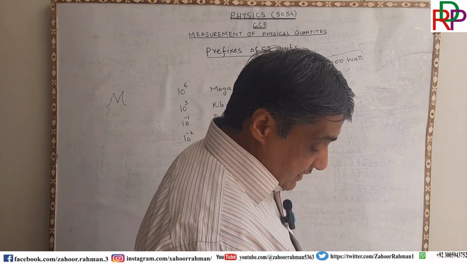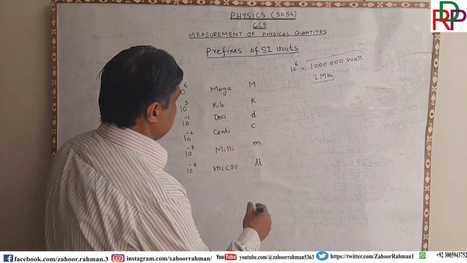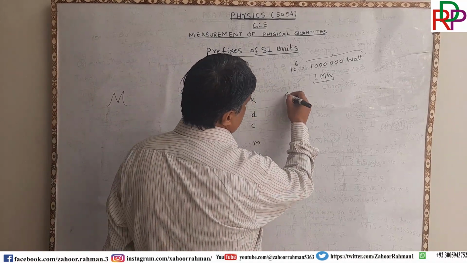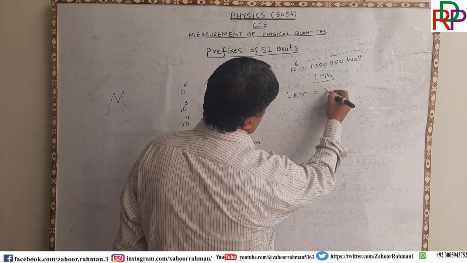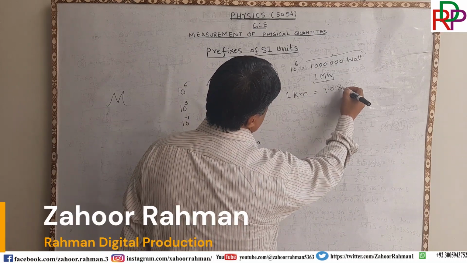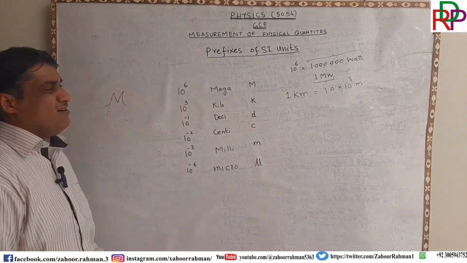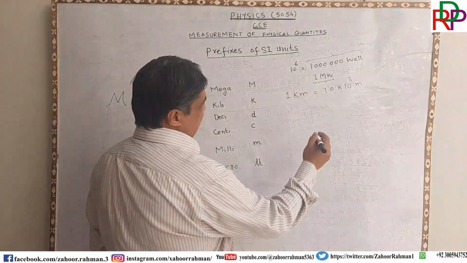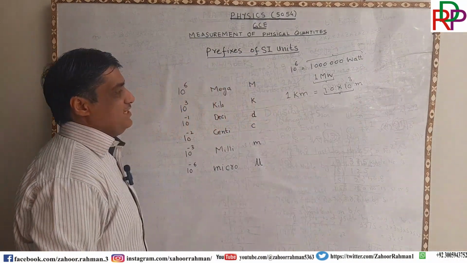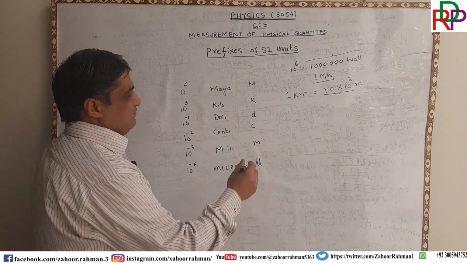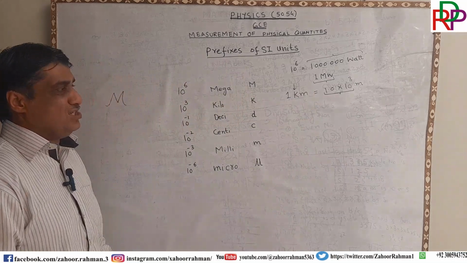In your book, an example is given: 1 kilometer is 1 into 10 raised to the power 3 meter. Ladies and gentlemen, we are just writing this in scientific notation, and that is in the prefix notation.